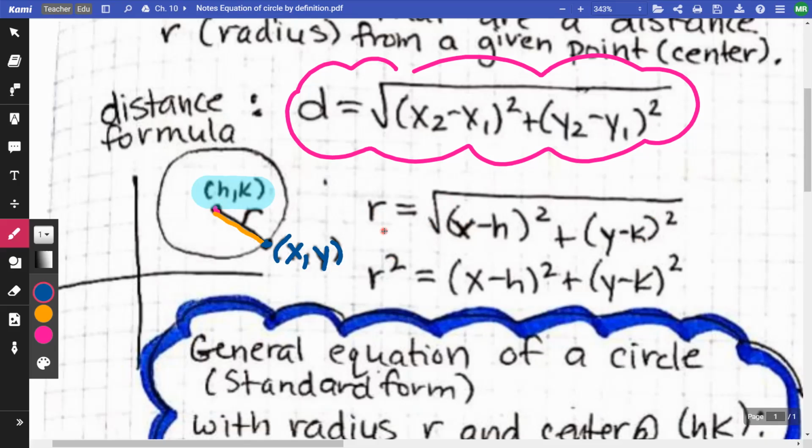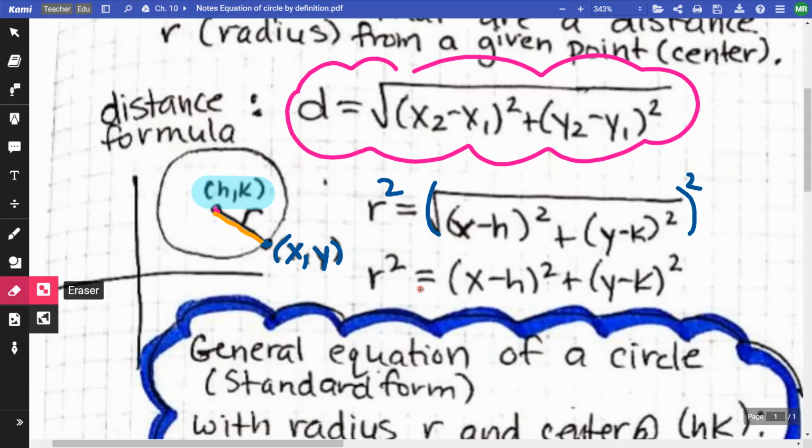That would be the distance. Well, if I square this side and I square this side, I end up with x minus h squared plus y minus k squared equals r squared. That is how we get a circle. It's really from the definition of a circle, every point being the same distance from a given point called the center, and the distance formula. Okay, that's how it is derived.